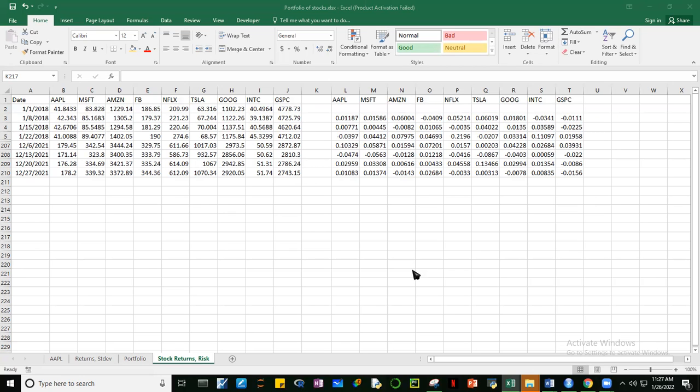Let's give a few more seconds to the others. Guys, kailangan nyo makompute yung returns, kasi yung iba hindi natin makukompute pag wala tayong returns.